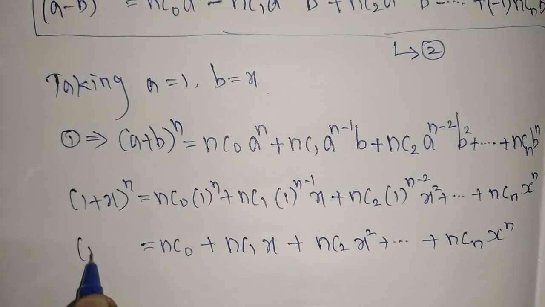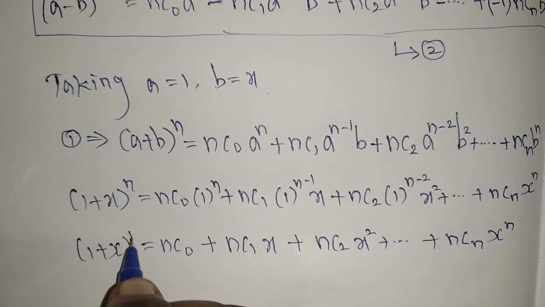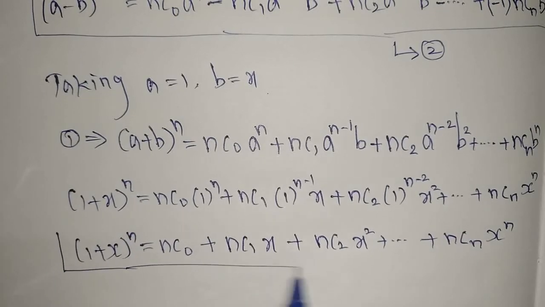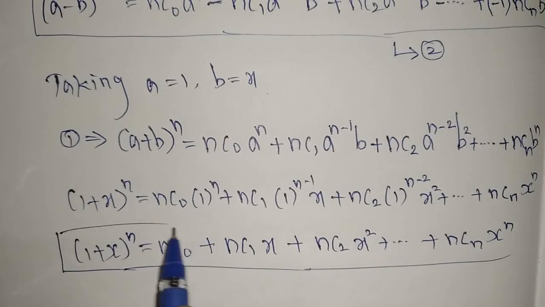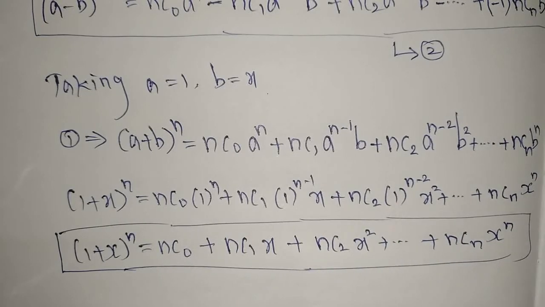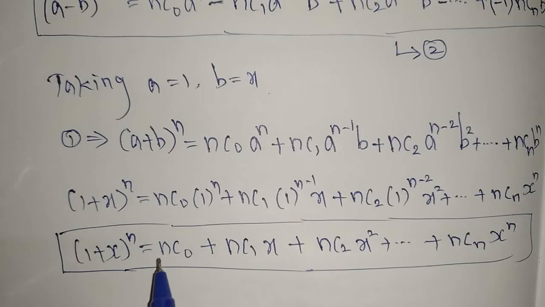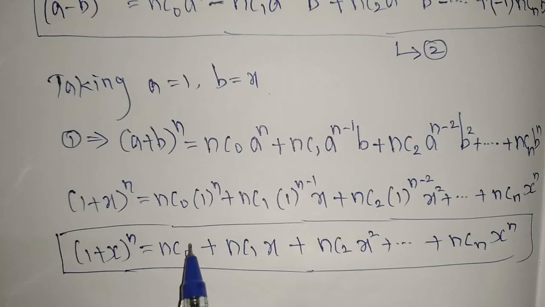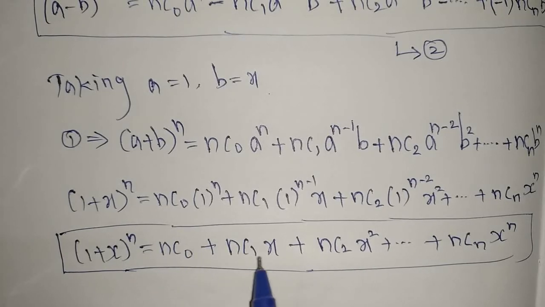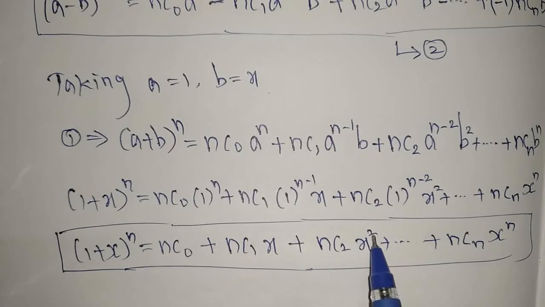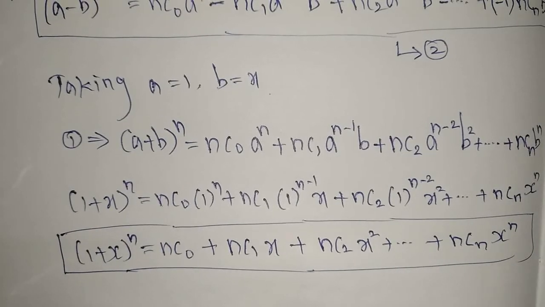So this is the formula for (1 + x) whole power n, and this is also one of the very important ones for solving the exercise, and this also you have to remember. And this is very easy. Listen to this: nC0 x^0, nC1 x^1, nC2 x^2, nCn x^n, like that.